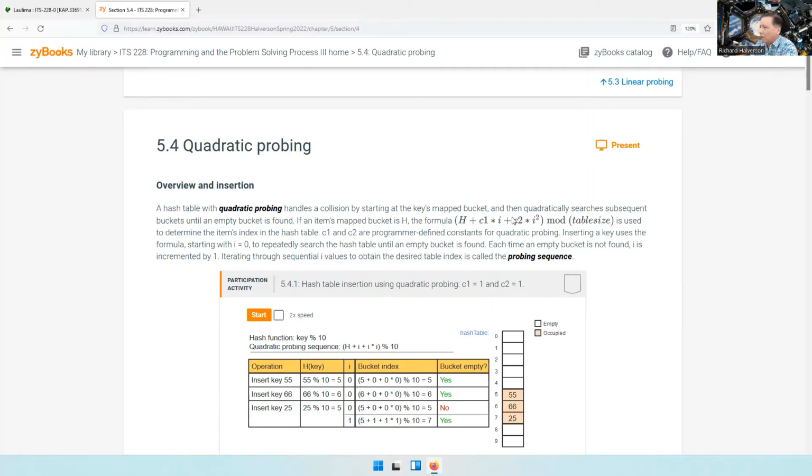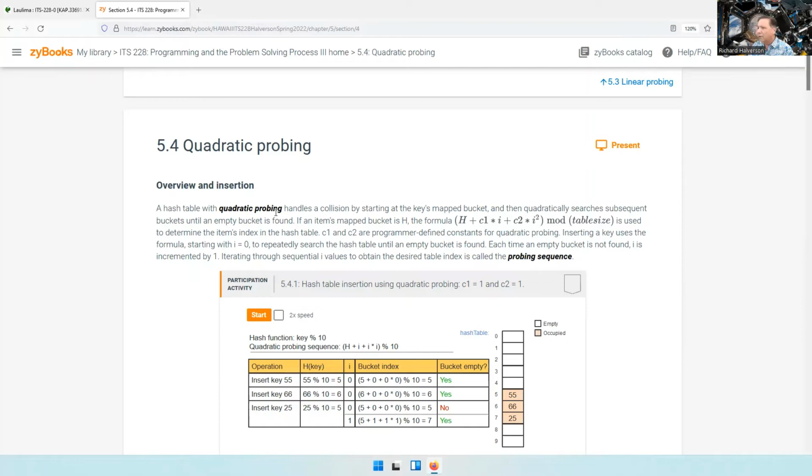So you have this I, which is how many times you've probed. You start with I equals 0, and you increment each time for a search, each time an empty bucket is not found, if you're probing to insert.